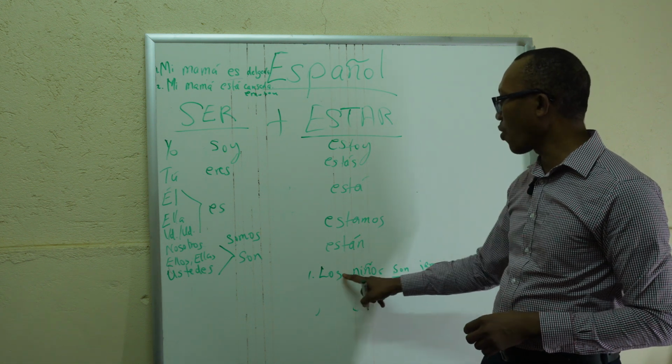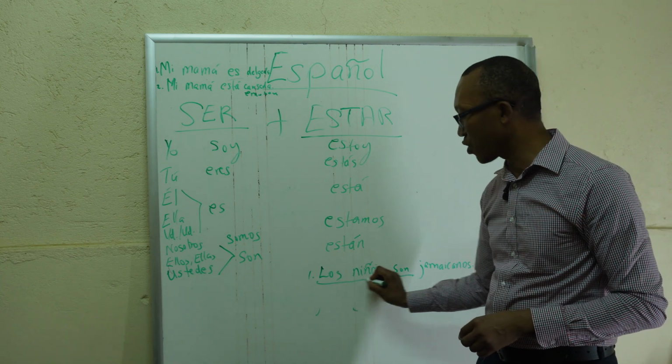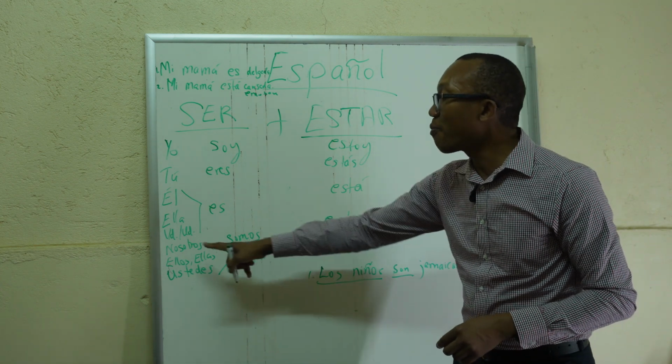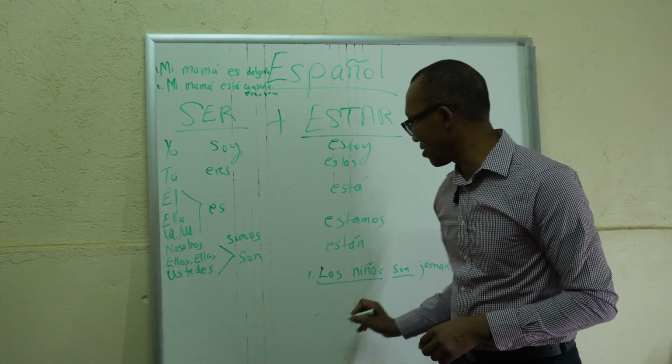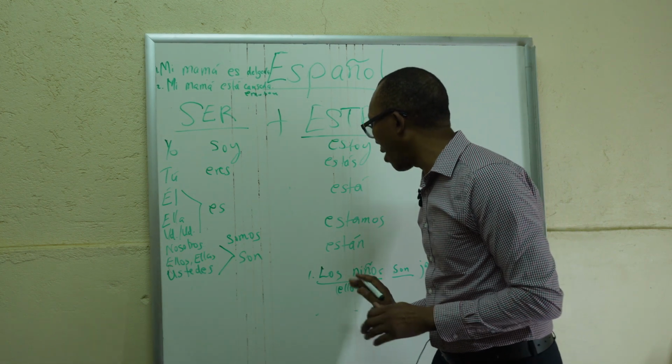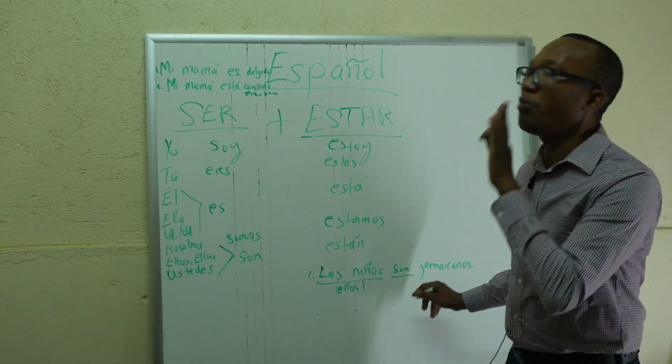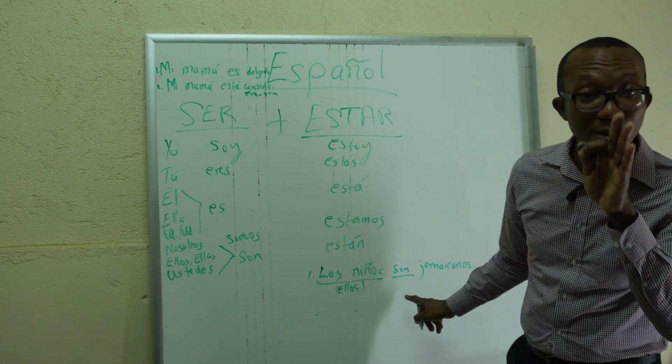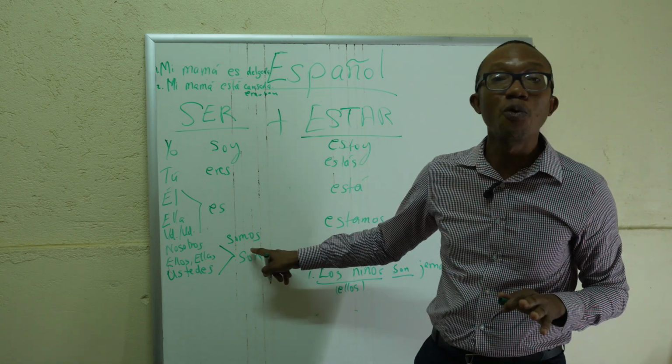So son has to go with los niños because los niños is the subject and it replaces the pronoun ellos. See? Ellos. So that helps you to understand and make sure you use the correct verb, son, and not somos. Right?